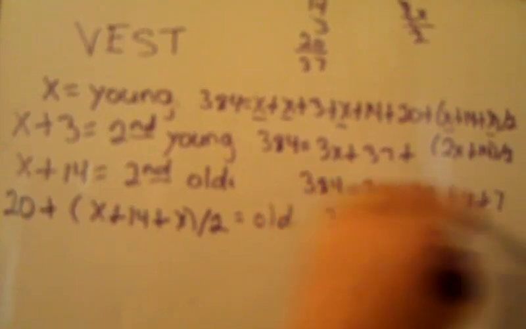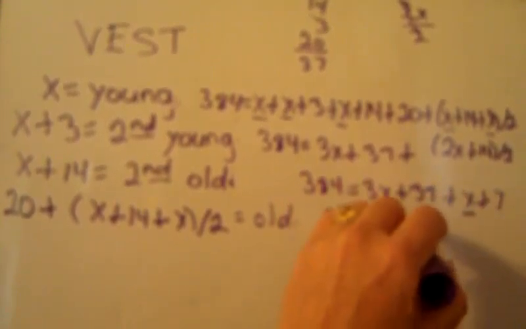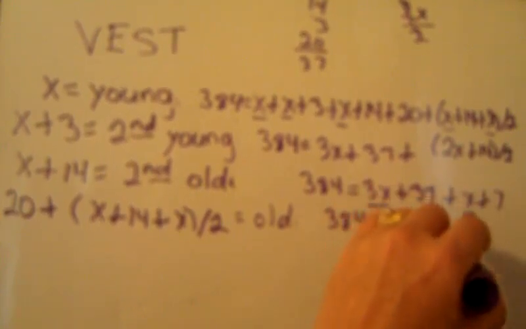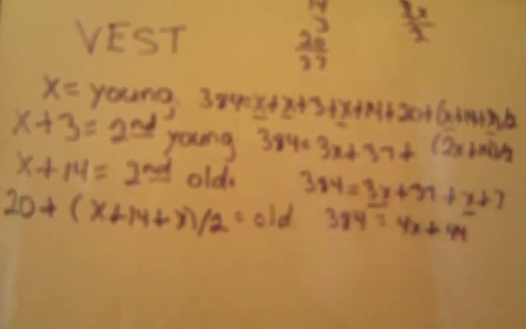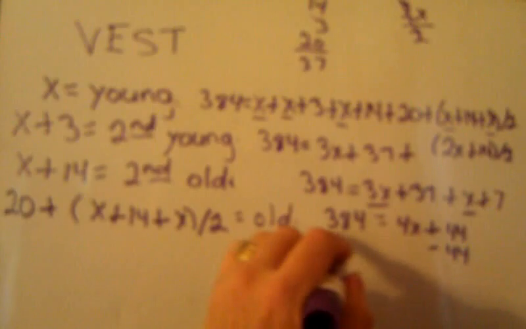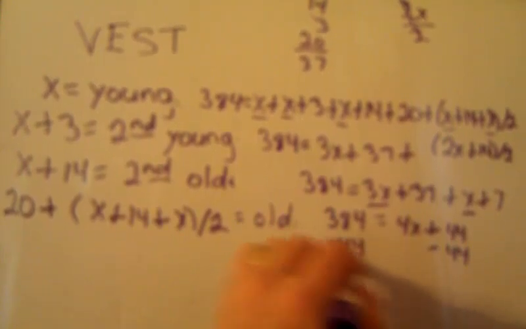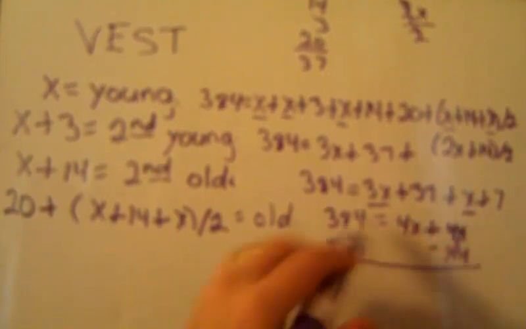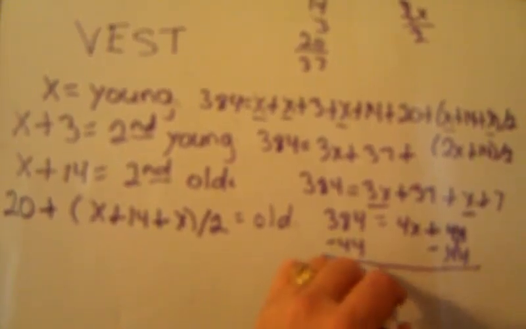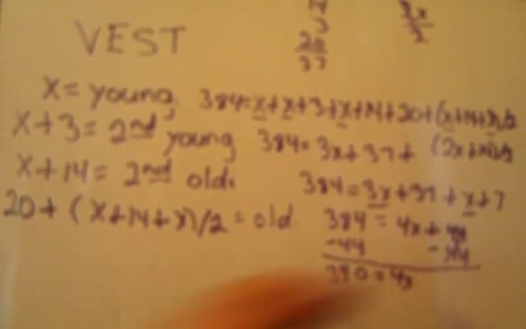Equals 3X plus X is 4X, plus 37 plus 7 is 44. Did you get that far? Now I have to subtract 44 from both sides. These are going to cancel out. Let's subtract. 384 minus 44 is 340. So I have 340 equals 4X.